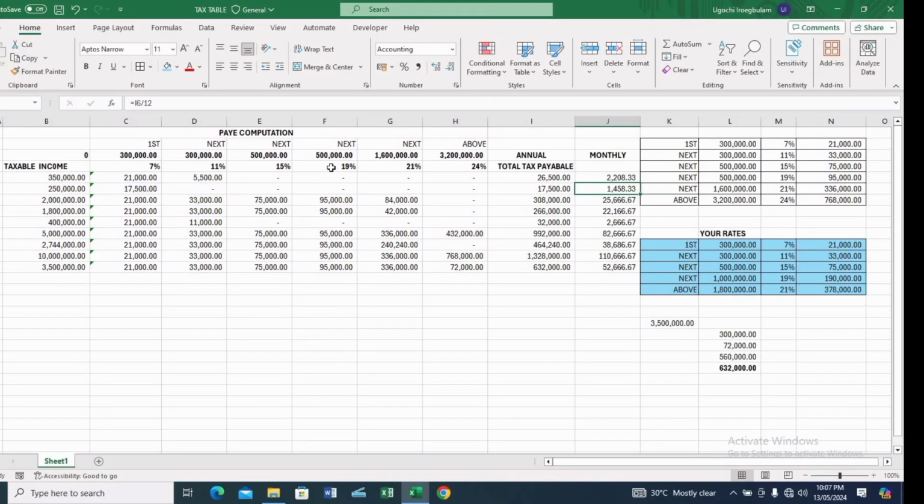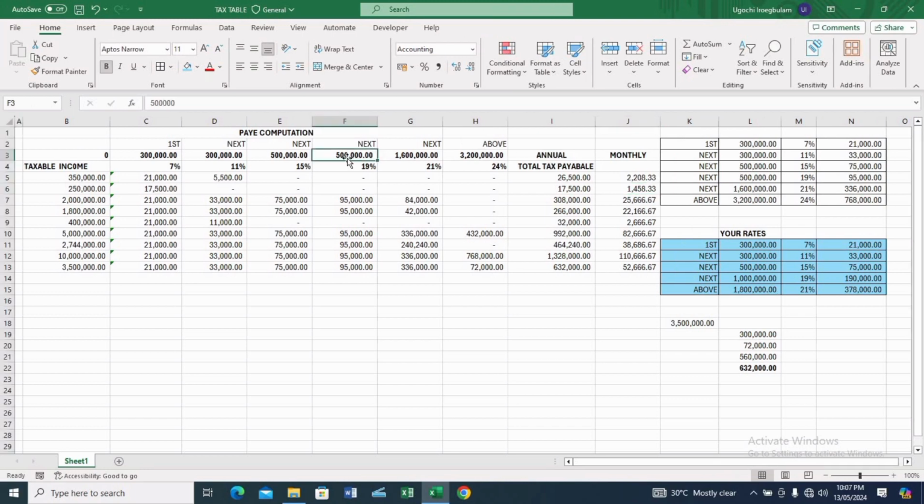Now that we are done creating the formula, let us adjust the rates to these other rates that I was given and see how the table changes. The figure for 19% changes to 1 million and that of 21% changes to 1.8 million, whereas we have nothing for 24%.